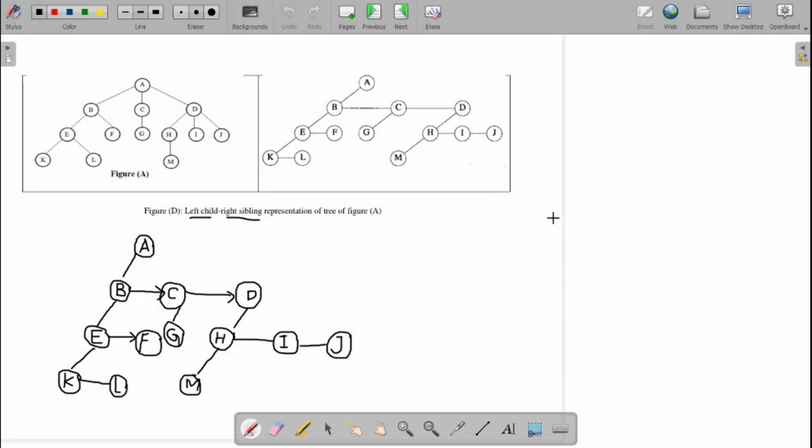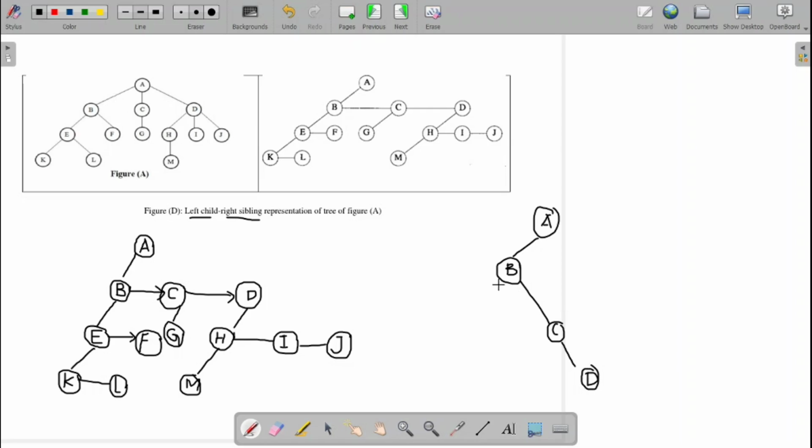If I rotate this, how will I get that one? First will be my A. Then next will be my B; the right sibling you rotate by 45 degrees. Then next will be my C, rotate by 45 degrees. Next D.